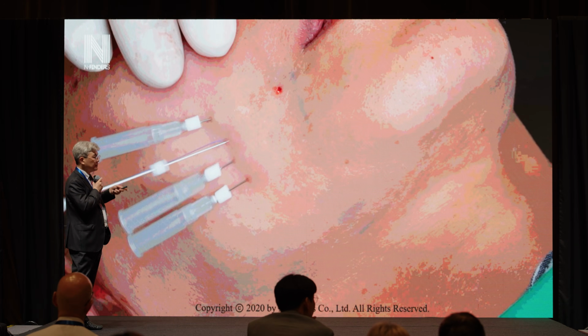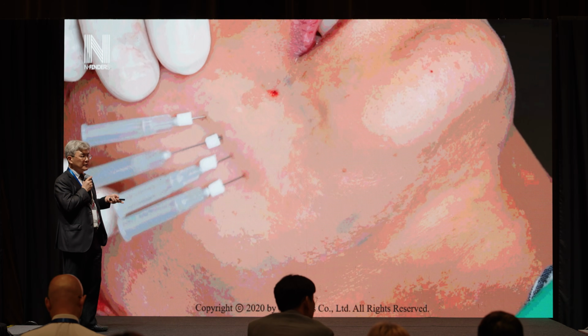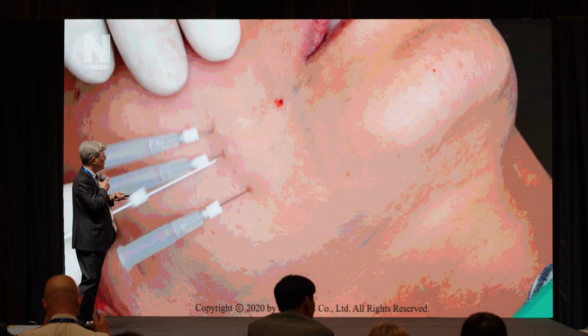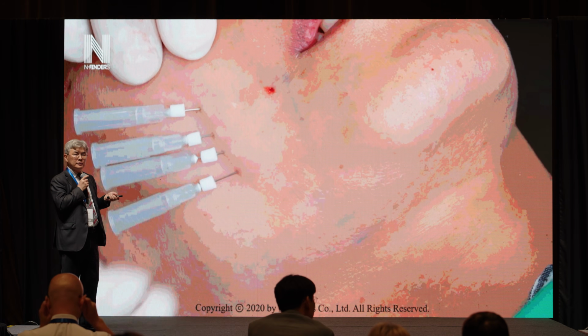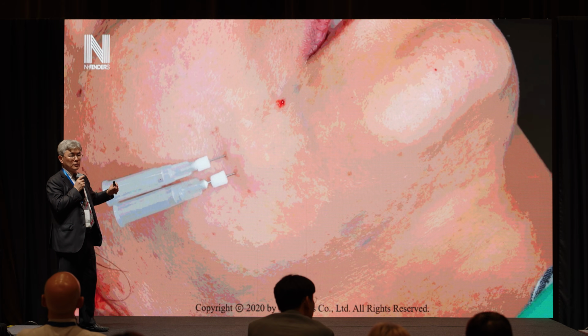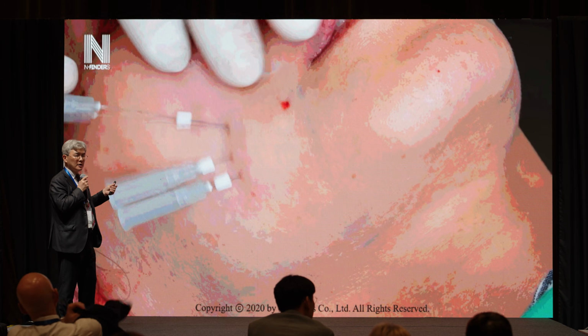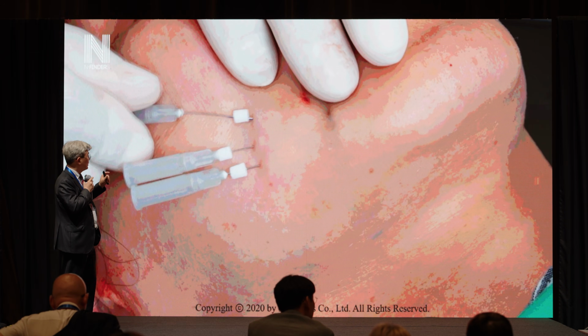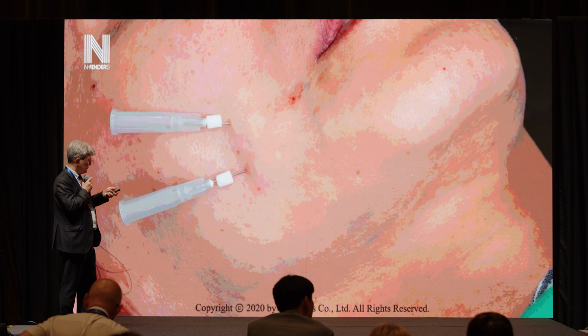Remove and insert. Lift again and make a mesh in the jaw area. If you want to reduce the fat volume, twist this cannula more in one direction.